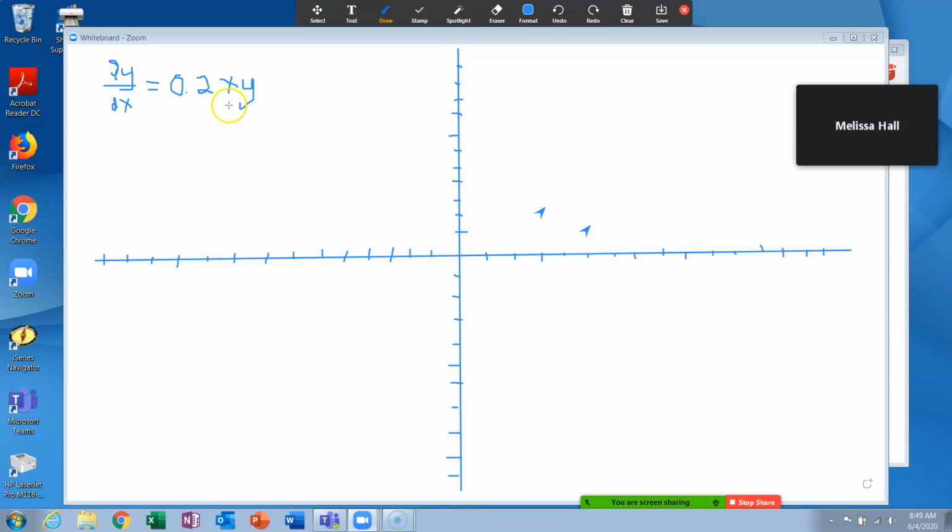Let's plug in x equals 1, y is equal to 1. 1 times 1 is 1, times 0.2 is right at 0.2. So that's just a little bit more than horizontal. I don't know if I can tilt it up just a little. Maybe that. Let's just imagine that's 0.2 slope. Is this making sense? Give me another point, any point.